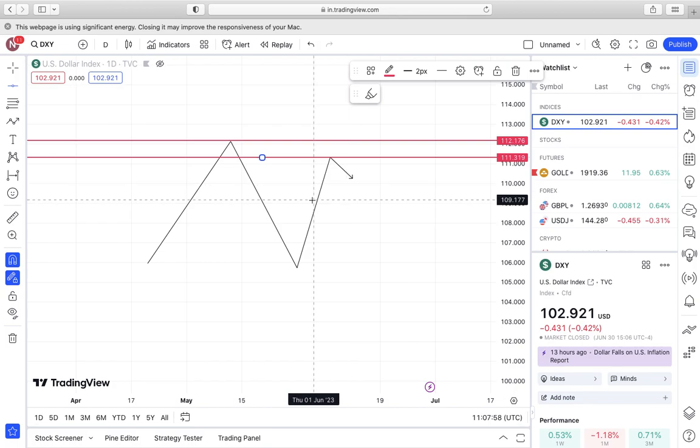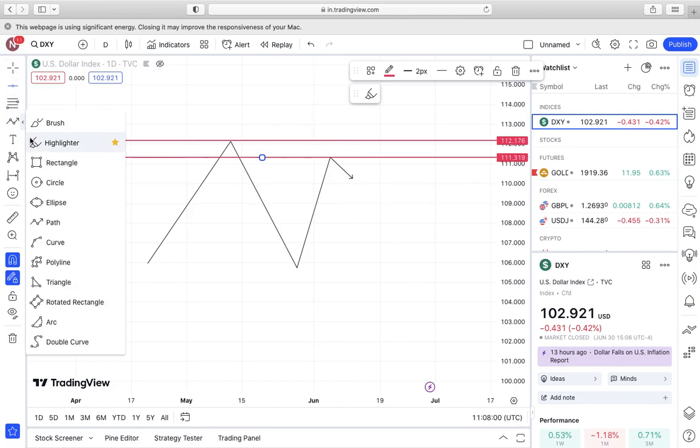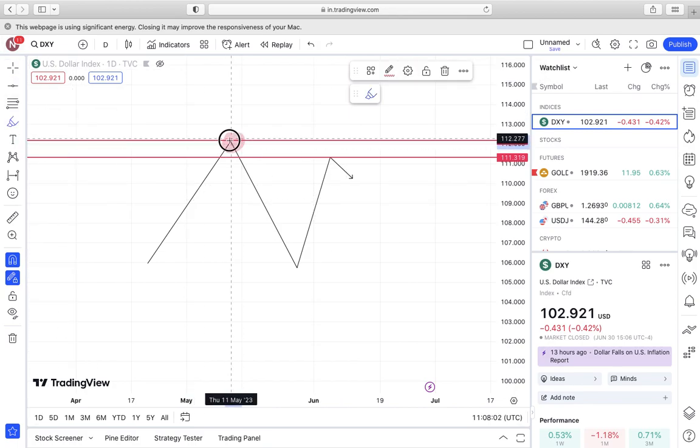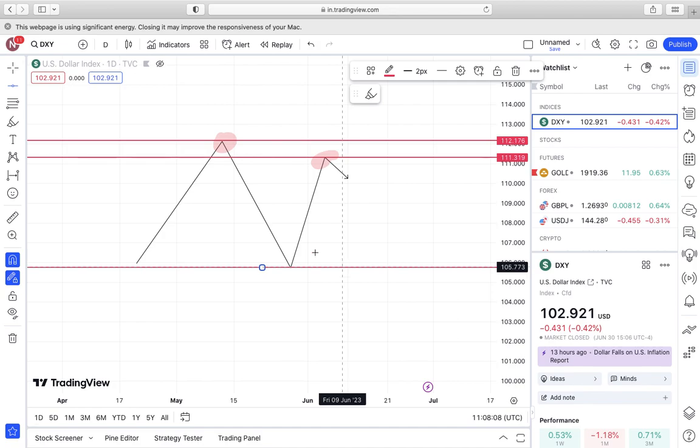The resistance zones are forming at different levels. This is the first level, and this is the second level, and the distance to be covered is somewhere here. As you can see, the distance to be covered is somewhere here.